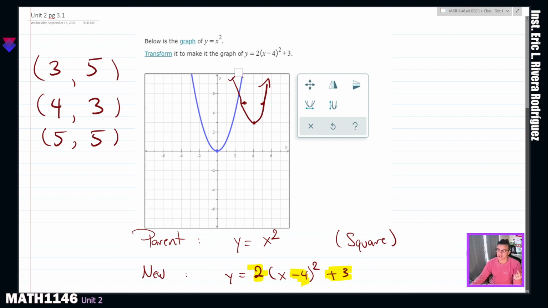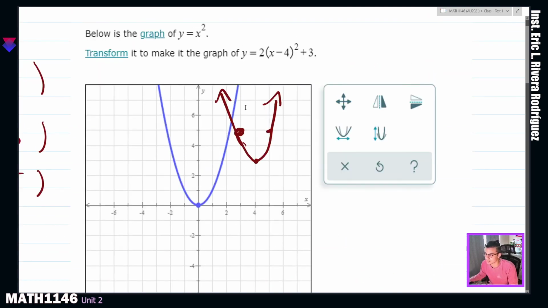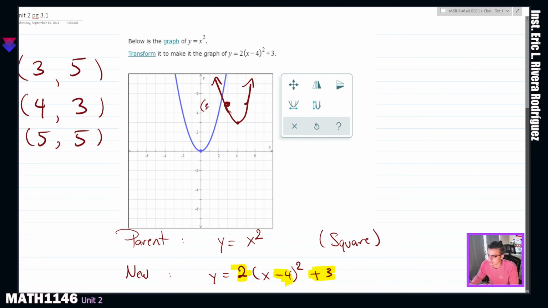This is how we do it by hand, right? And you plot the points: 3, 5; 4, 3; and 5, 5.